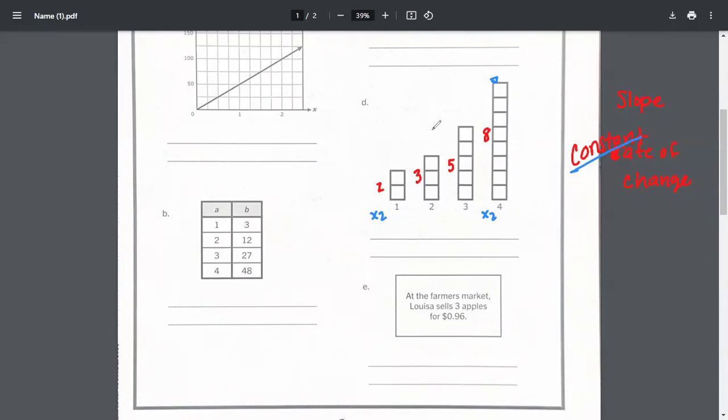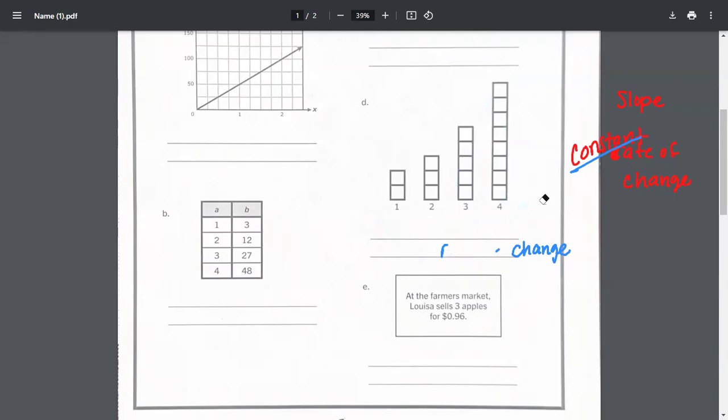I couldn't add the same increase, and I couldn't even multiply it the same. So when you have something like that, you are going to say that this one does not have a constant rate of change, because there's no way to continue doing that constantly and equally all the way through.